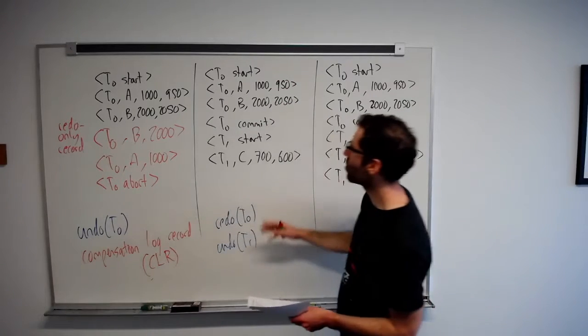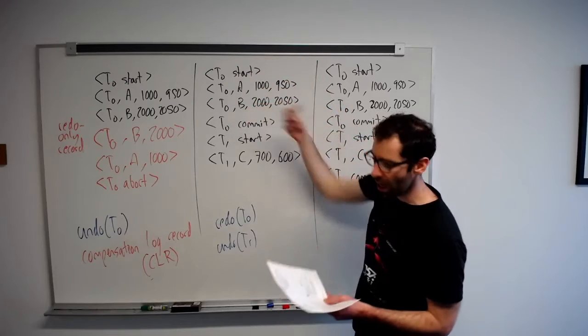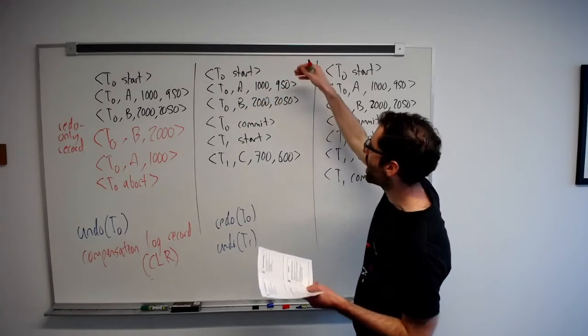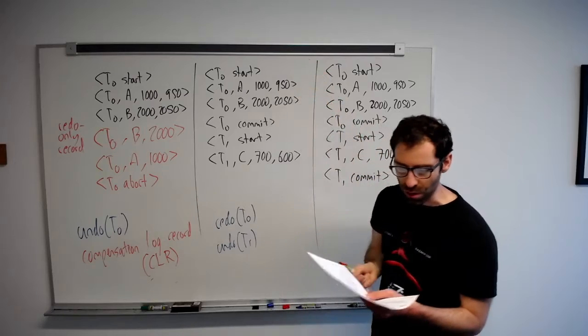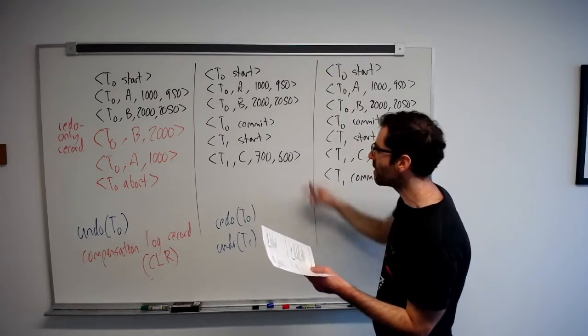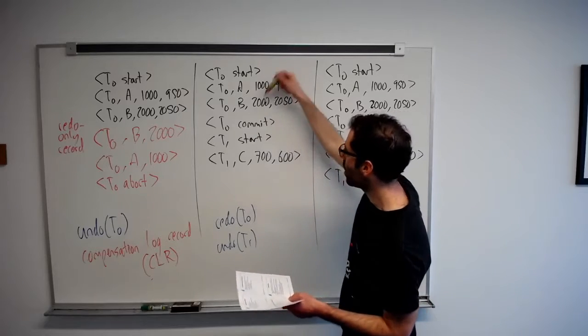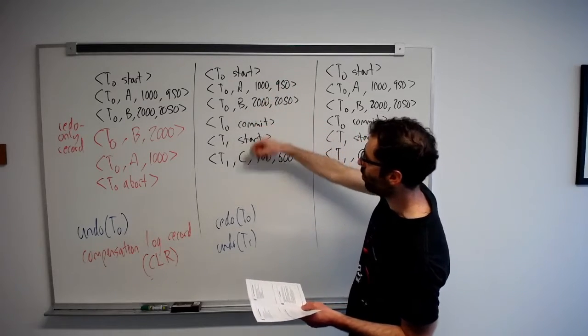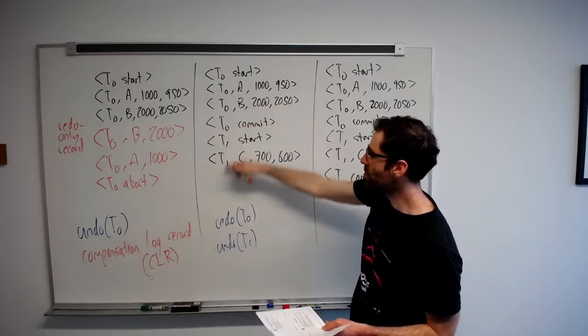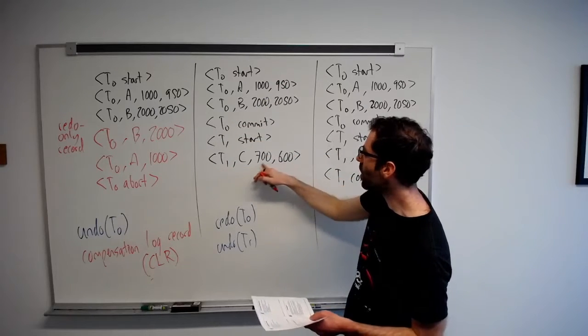And we go through and set A to 950, B to 2050, and then we replay, or redo, T1 as well.